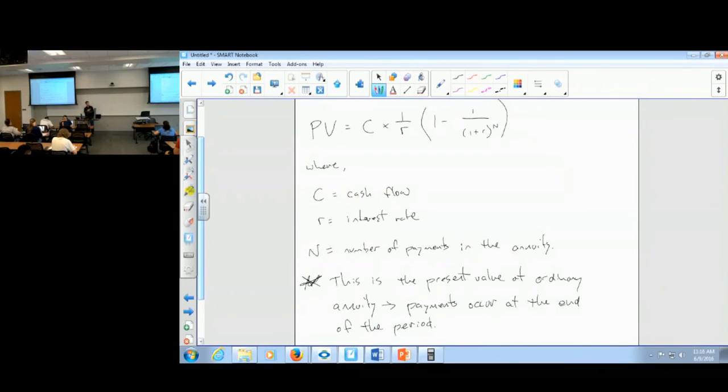Those financing arrangements that we're familiar with are set up as ordinary annuities. Right? When you pay your car note, you're actually paying at the end of the month, the end of the period, for the use of the money over that time period. Others are what we call annuity due. Right? That is, you pay at the beginning of the period.